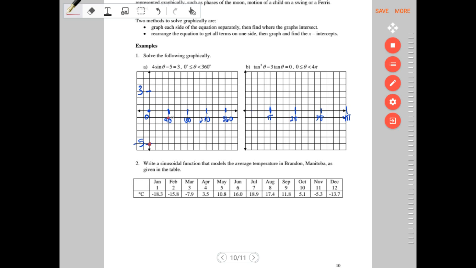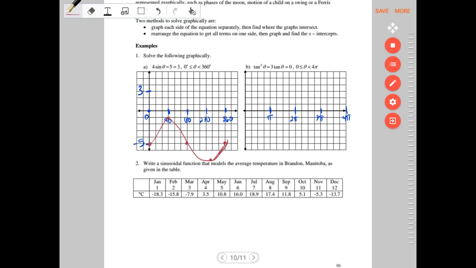Okay, and it will come back down to cross the median at 180, and we'll actually go down here below to our minimum, and then back up to the median at 360. Okay, so there's the graph of 4 sine theta minus 5.